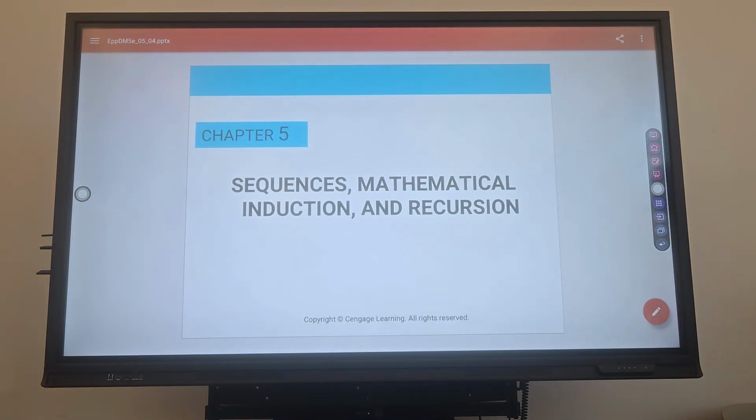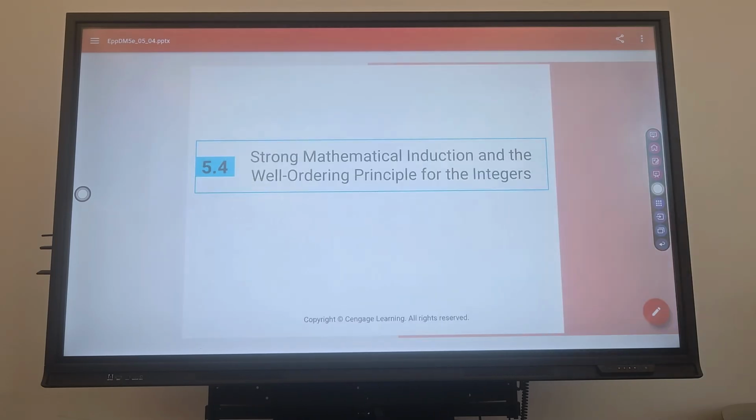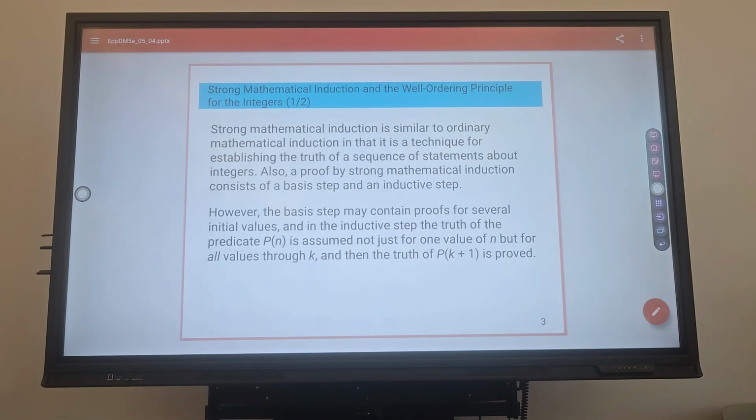Sequences and mathematical induction and recursion. Section 4, strong mathematical induction and the well-ordering principle for integers. A little bit of a mouthful. Strong mathematical induction is similar to ordinary mathematical induction in that it is a technique for establishing the truth of a sequence of statements about integers.